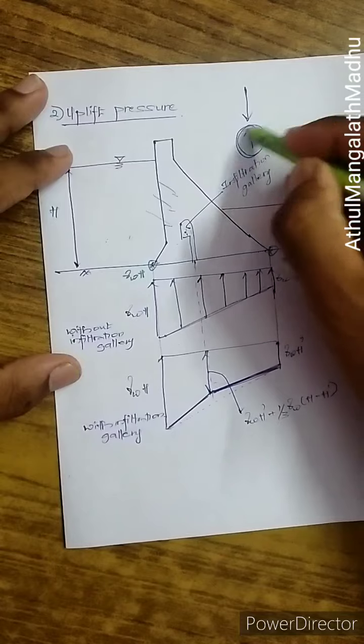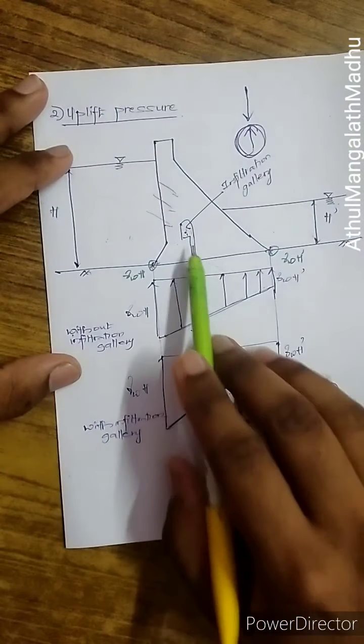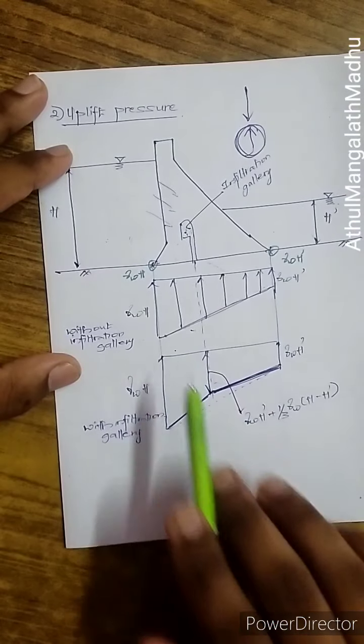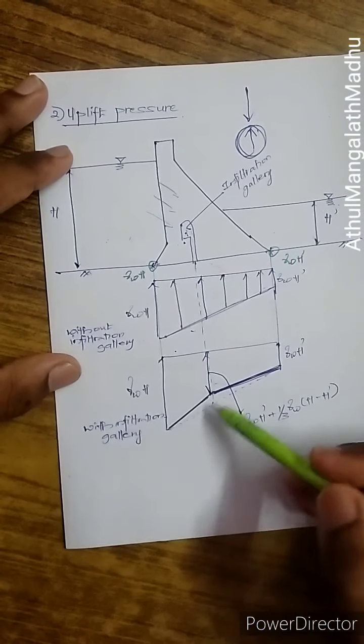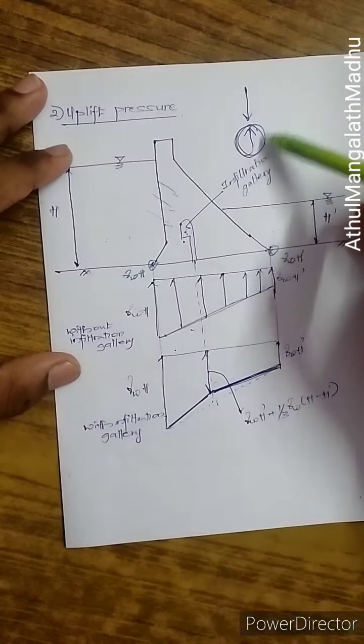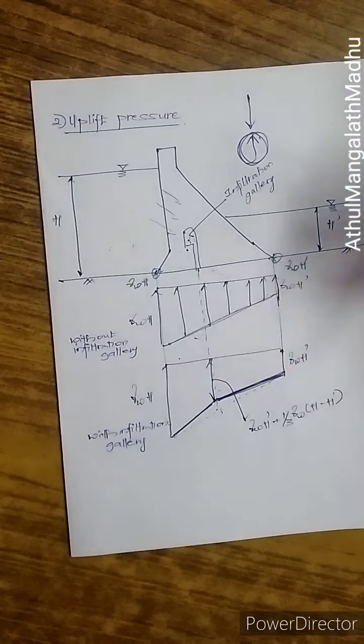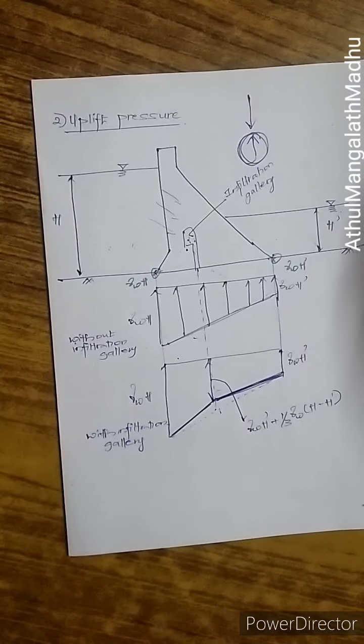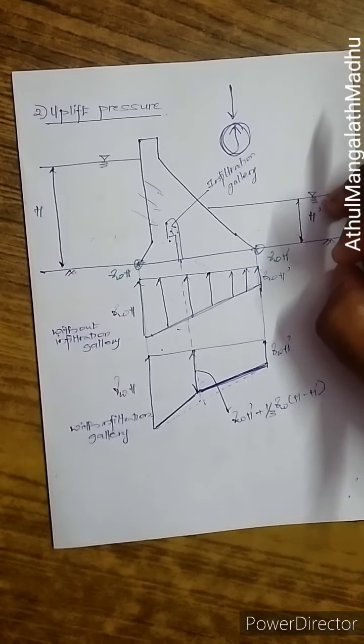We need to reduce this uplift force. If you are not providing an infiltration gallery, it will have a high value for uplift force. But if you provide an infiltration gallery, there is a slight reduction in the uplift force, so it is more useful from the dam's point of view.